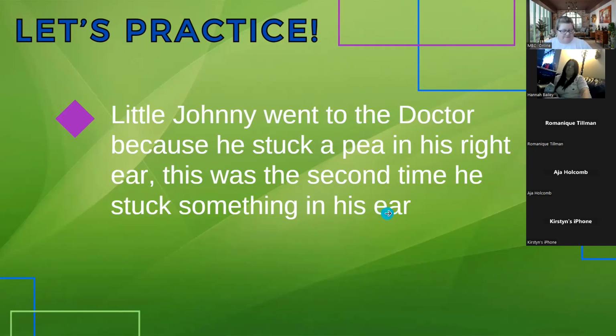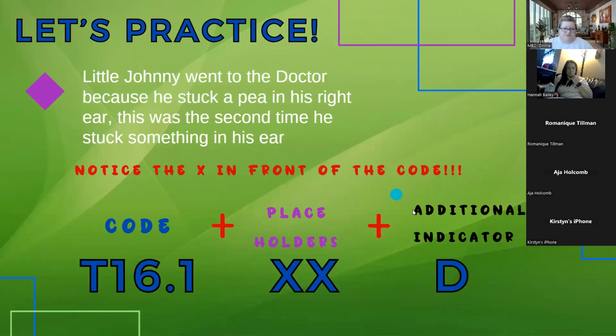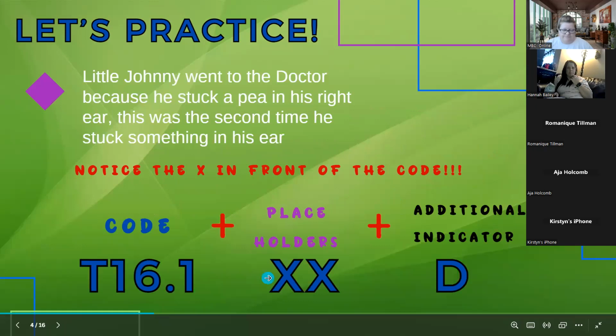So they say we have to bring this out and add placeholders until we get to 7 characters, right? If we look at T16.1, that's only 4 characters: 1, 2, 3, 4. Our D for the subsequent encounter is number 5. So we're still 2 characters shy of bringing it out to 7. So this is how this is going to break down. All right, can y'all see this good?